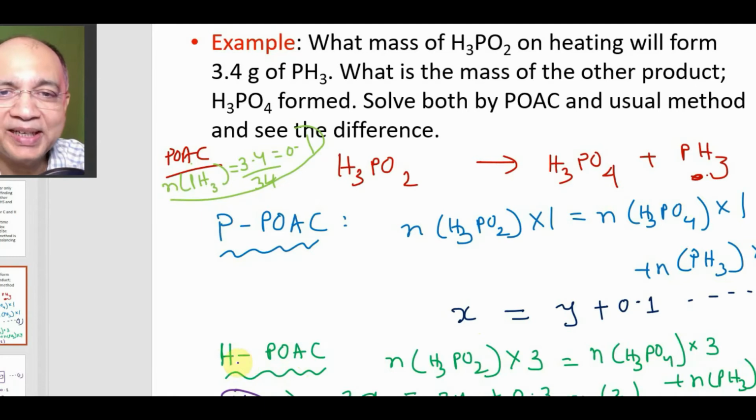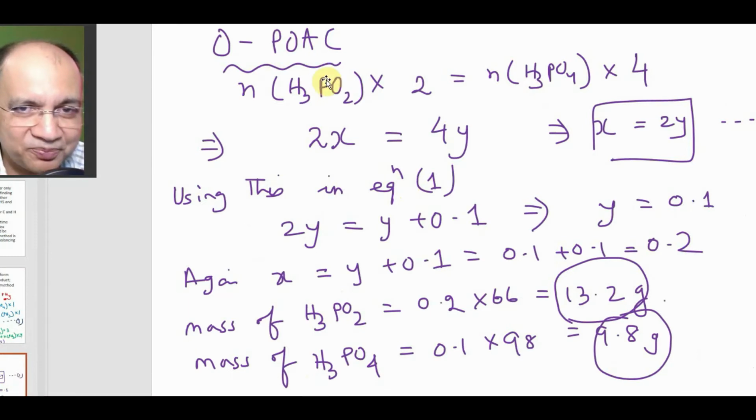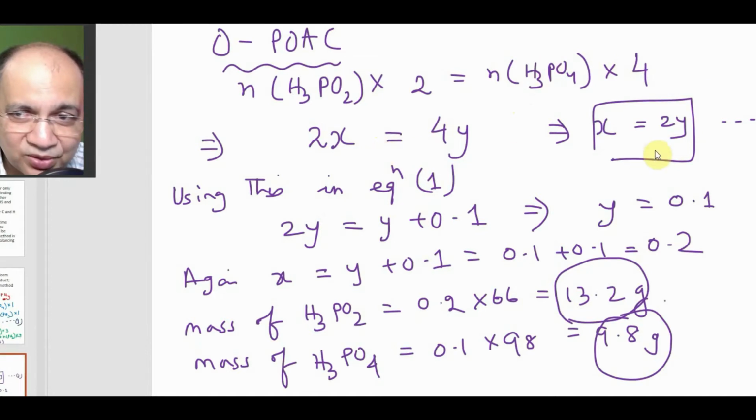So how to gain? The only element left is oxygen. Let us apply POAC to oxygen. The number of moles of this into 2, because there are 2 oxygen atoms, is equal to number of moles of phosphoric acid into 4. So here 2x is equal to 4y. So x is equal to 2y.